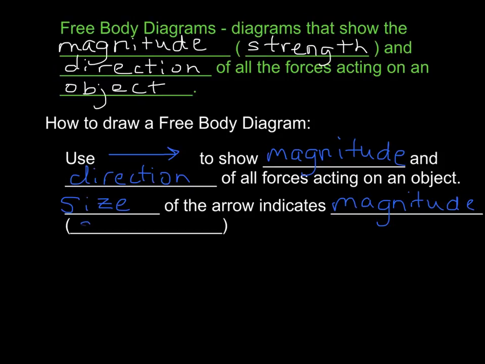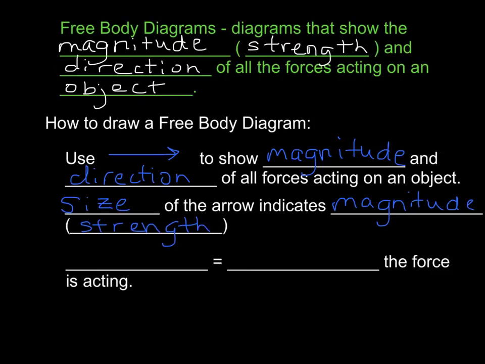And again, that is the strength of the force, so the longer the arrow, the stronger the force. The direction that you point the arrow is, of course, equal to the direction the force is acting. So if you have something that is being pushed to the left, then your arrow of that force would point to the left.